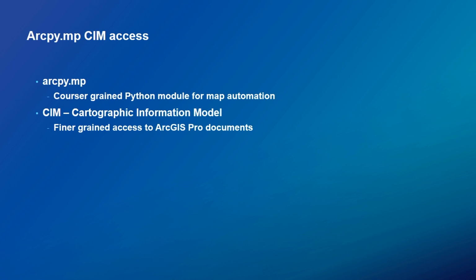A LYRX, a MAPX, a PAGX, they're all JSON files. You can open them up in Notepad and look at their contents and see that logical structure of how we're persisting everything to these files. So in the long run, although it took us a couple releases, we're giving you everything. We are giving you the keys to everything that can be done in one of our documents.